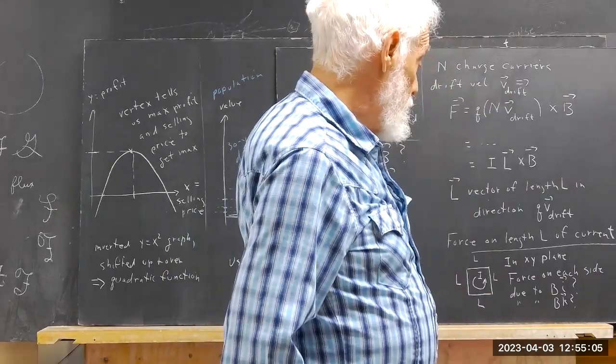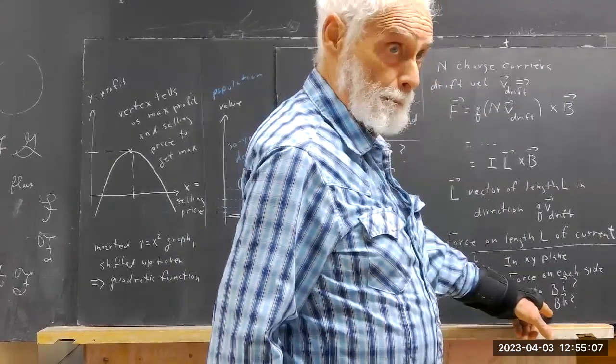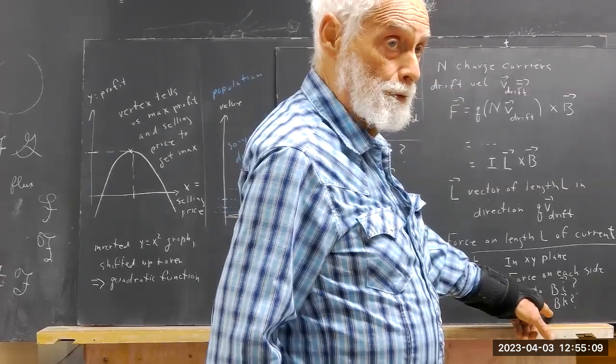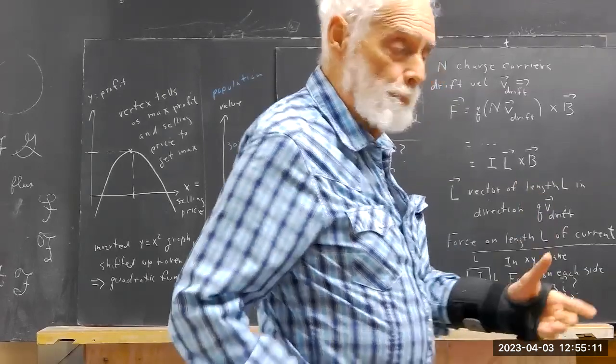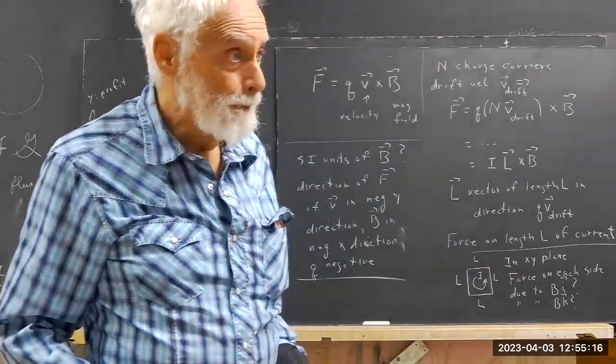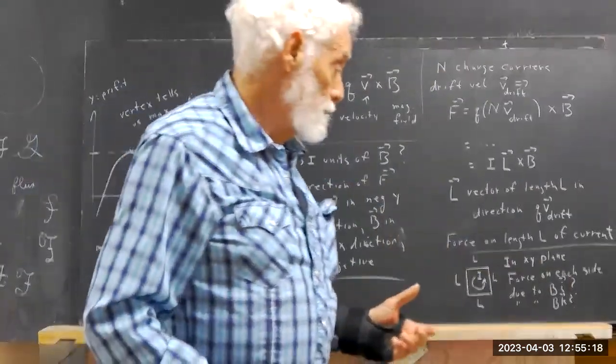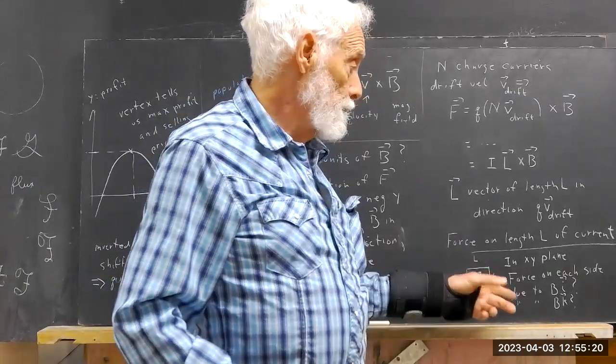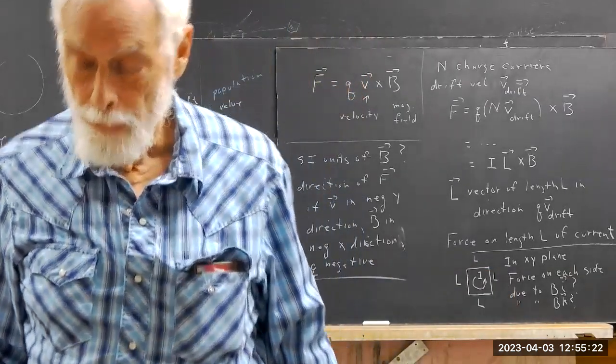Okay. And due to BK, which is going to be perpendicular. You know, imagine this thing is flat, and the usual orientation we visualize. Okay. So what's the force on each side of this thing?